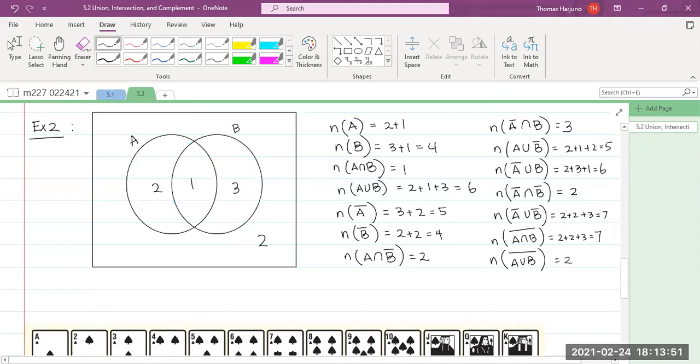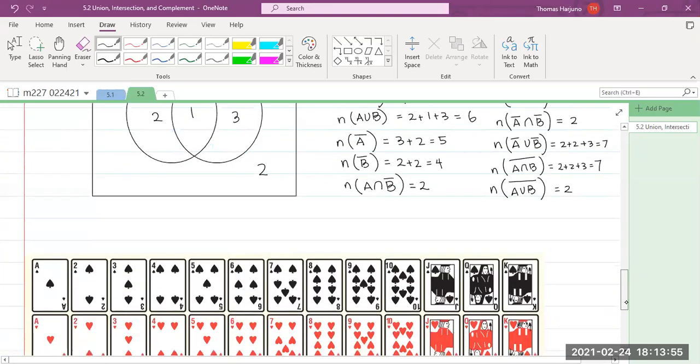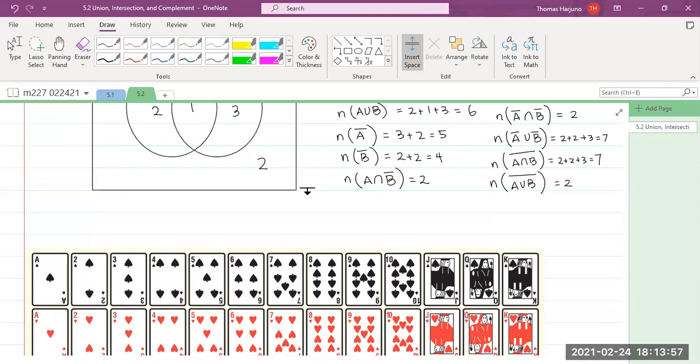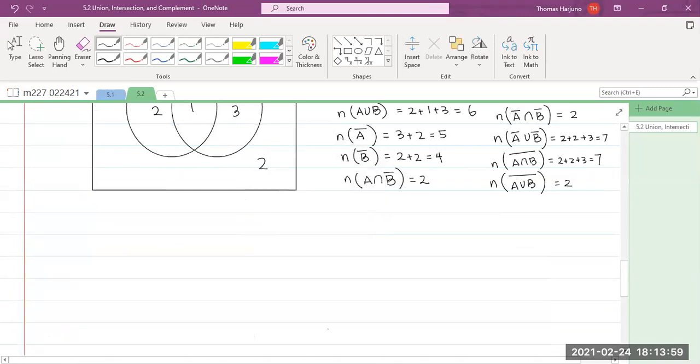Okay, now you will see, I believe that's not in our textbook, but it's worth mentioning, something called De Morgan's law.